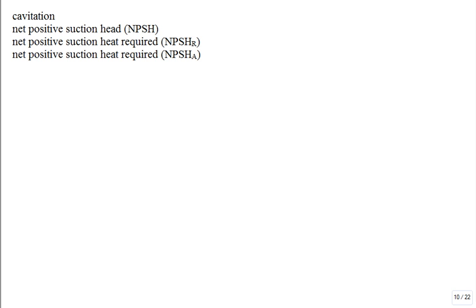And so we know what it is, and now how do you avoid it? Well, you avoid it by not having low-pressure regions. And so what you can control on that black box of a pump is the pressure on the inlet. And so basically the pump manufacturers say you have to have a net positive suction head, a minimum, which is the requirement to avoid cavitation.